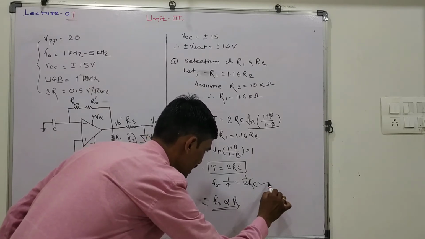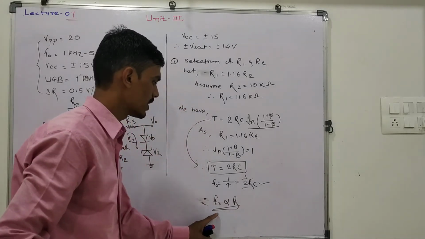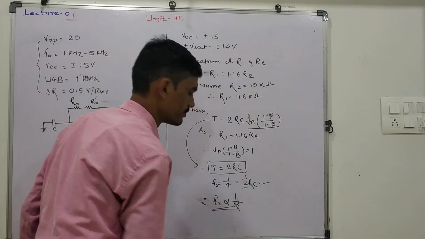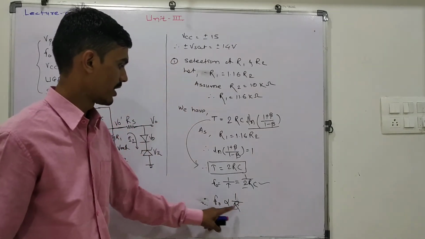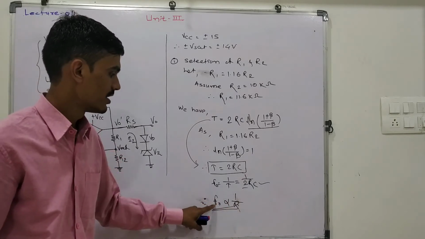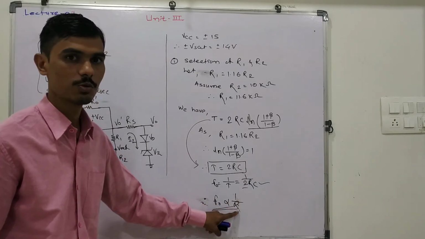As we are taking C as a constant and 2 as a constant, F0 is inversely proportional to 1 upon R. Is it right? So ultimately this is inversely proportional to R.